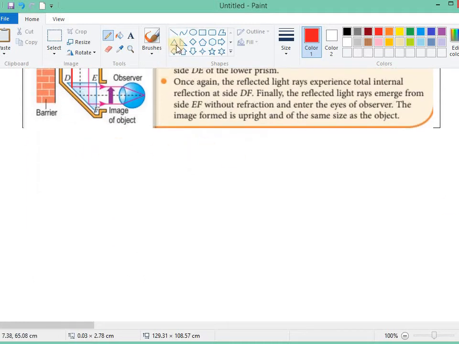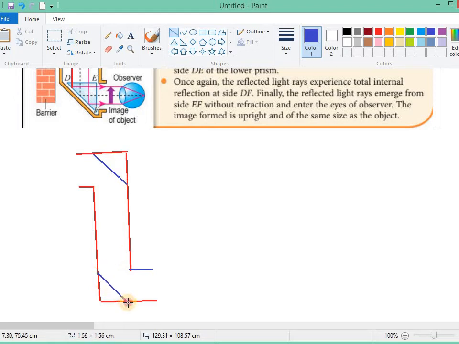Okay, let's say that you have a periscope. So this periscope is made from mirror. Okay, so we have a mirror here and also a mirror here.